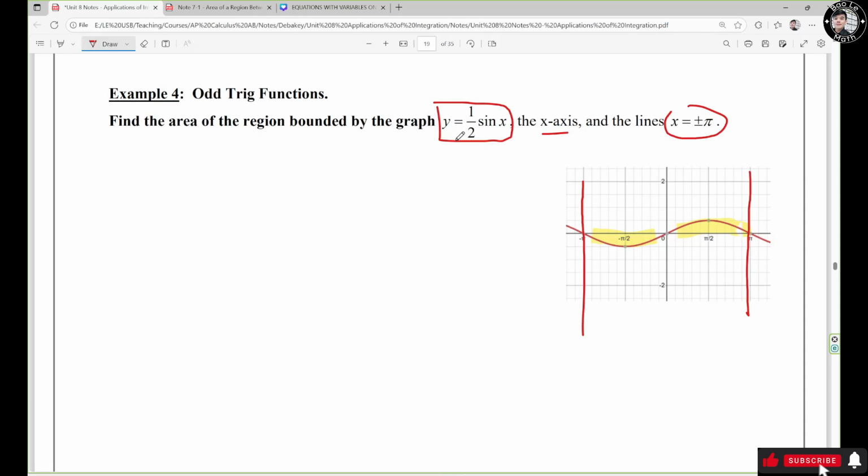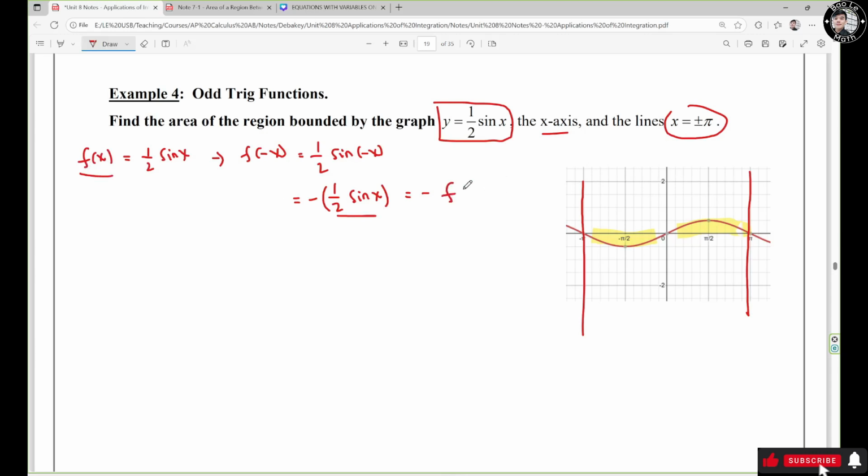Now we're going to check this one algebraically. So we have f of s equals 1/2 sine s. Now we have f of negative s equals 1/2 times sine of negative s. But sine of negative s equals negative sine s, so it will be negative 1/2 sine s. I put this inside parentheses, so I will write the negative sign over here.